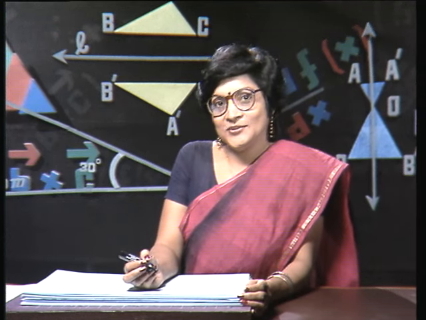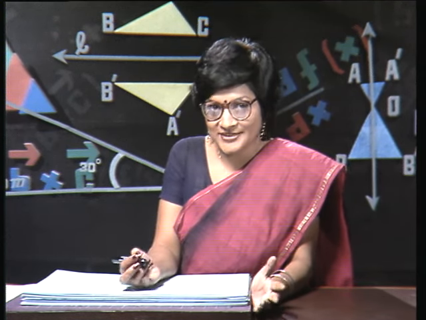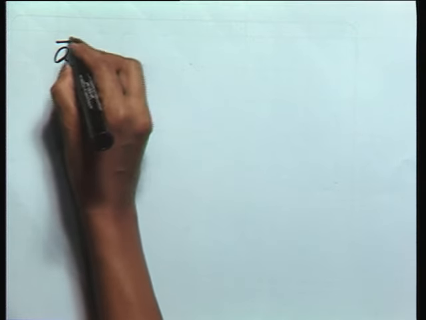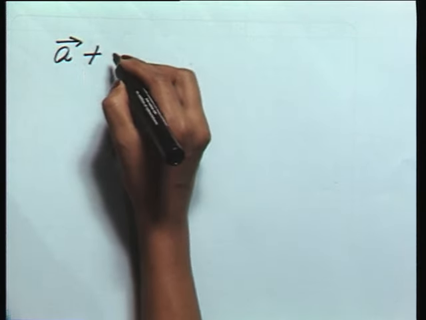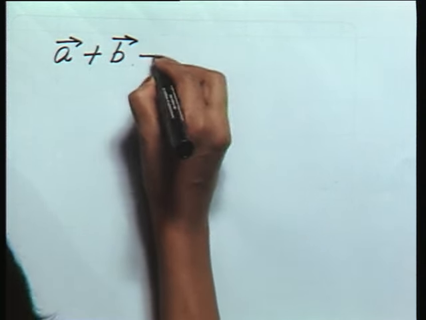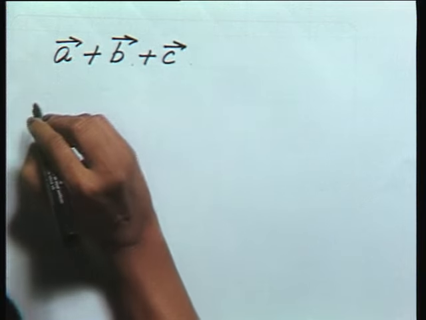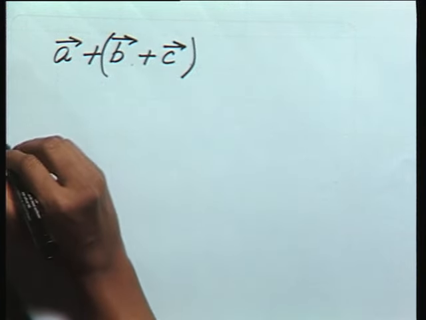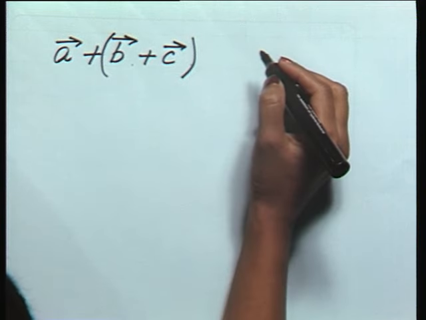There is another question that we would like to ask. There is no dearth of questions. We can go on asking questions. This question says that if you have three vectors A, B and C, you first add B and C to get a vector and then add A to that vector.